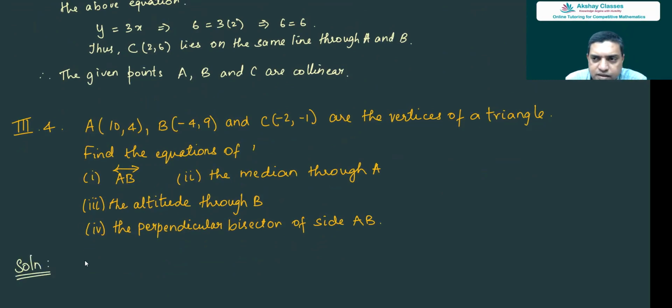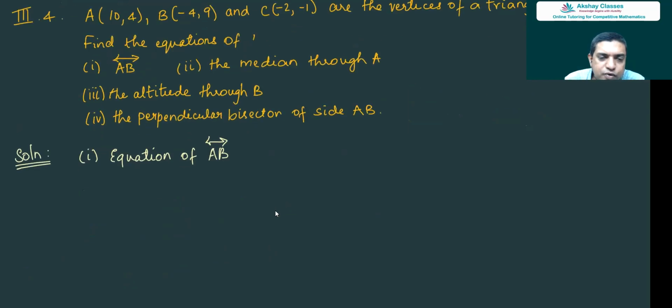So can you tell me which is the first one, the equation of AB? How will you find it? Two points A and B are given. Slope is not given. Of course, you can find the slope and do the point slope form, but directly you can write the 2-point form.